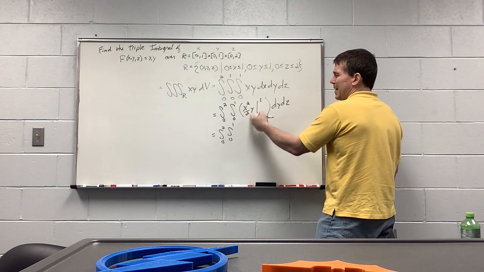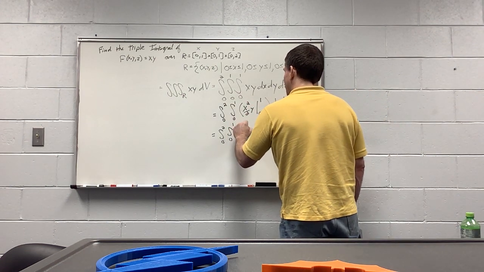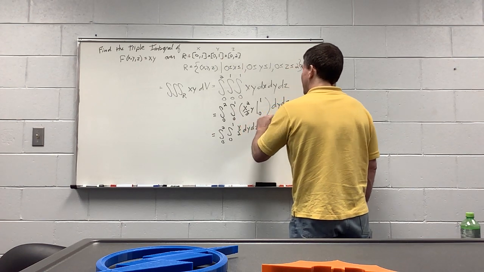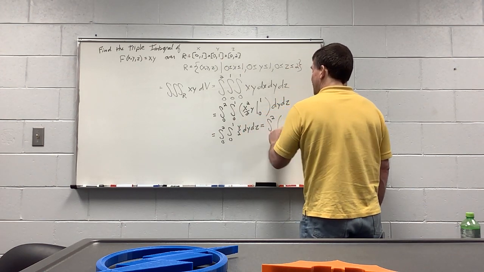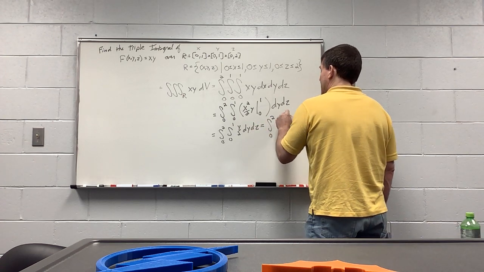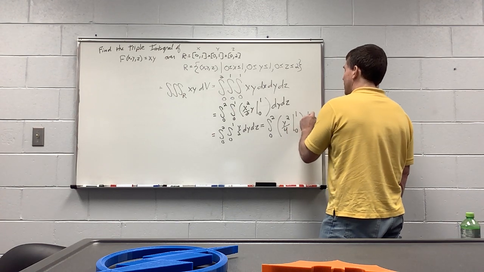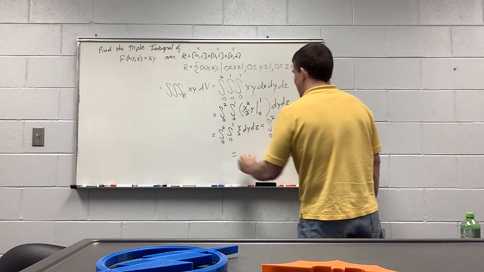If you plug in 1, that's 1/2 y. If you plug in 0, you get 0. So that's y over 2 dy dz, which is the integral from 0 to 2. Y over 2 with respect to y is y squared over 4, evaluated from 1 to 0, dz.